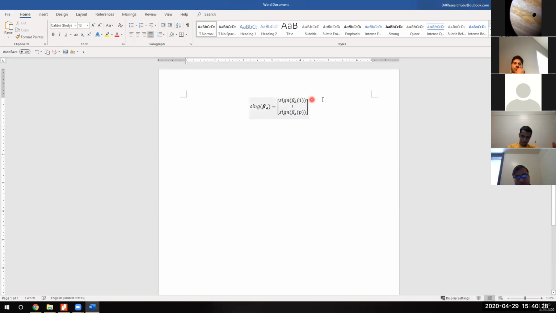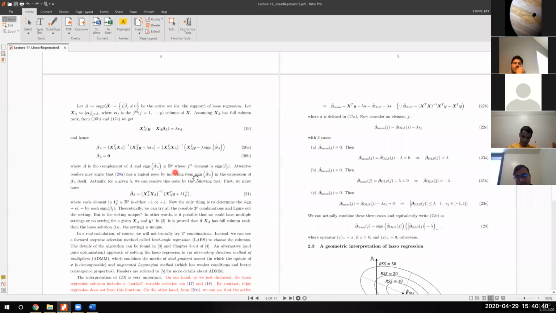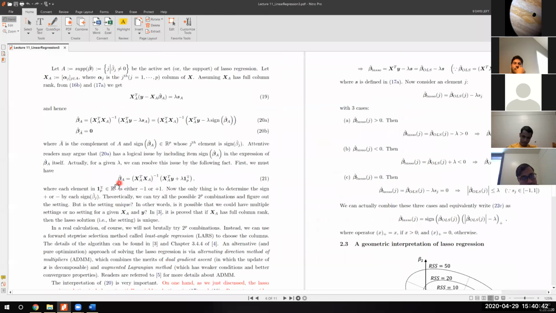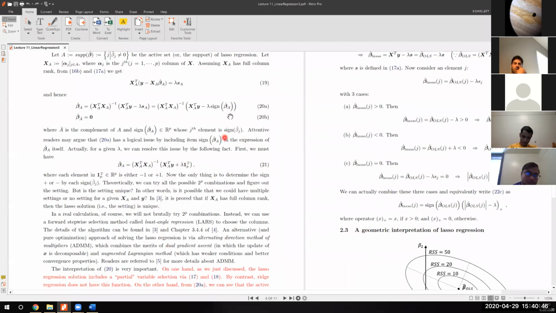It's a vector, so you can clearly see each element is going to be either +1 or -1. See it? It's very clear. So here I must have beta A equal to this part. The question is how to determine for each one whether it's +1 or -1.